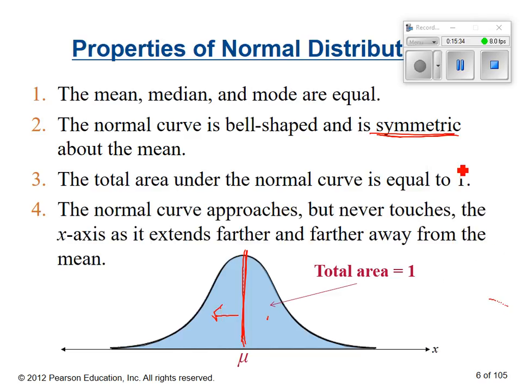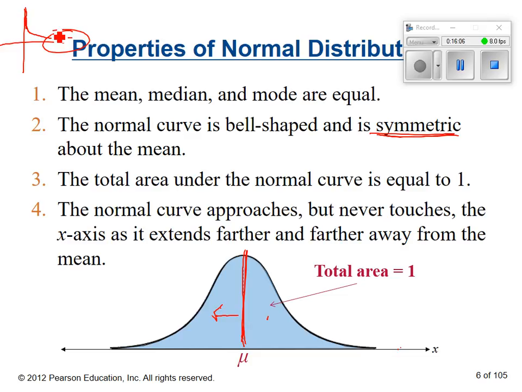The normal curve approaches but never ever touches the x-axis, so it never touches your x here. When you were in Algebra 2 or Pre-Calc or any of those other math classes, you talked about a graph that came down like this and then went to here, but it never ever completely got to that line.